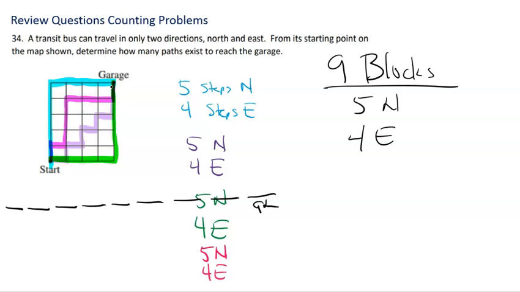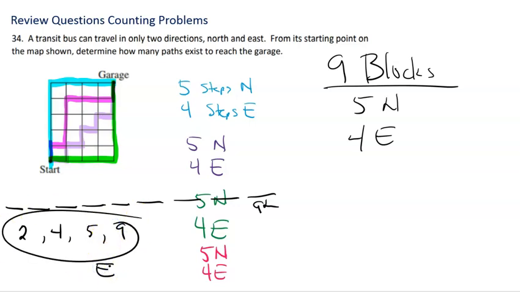If for instance, your second block, the fourth, the fifth, and the 9th block were your east blocks, would you get there? So the second, the fourth, the fifth, and the 9th are all east. Well, let's see. The first was not chosen, so you go north.